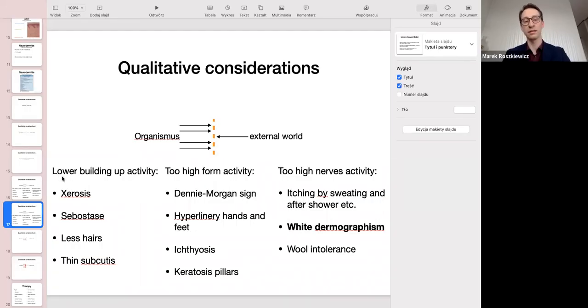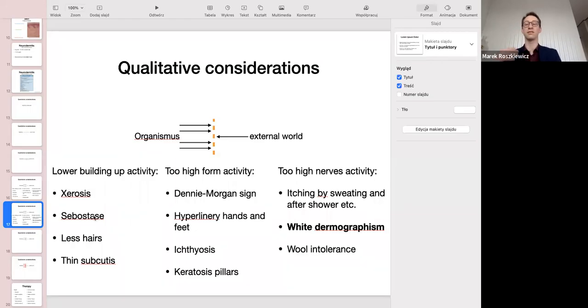So on the one side, we will have a lower building activity. So this metabolic limb activity is too small, and that is why the form activity from the outside is coming into the organism. And we can see when building up activity is not working well, we have xerosis, so dry skin.